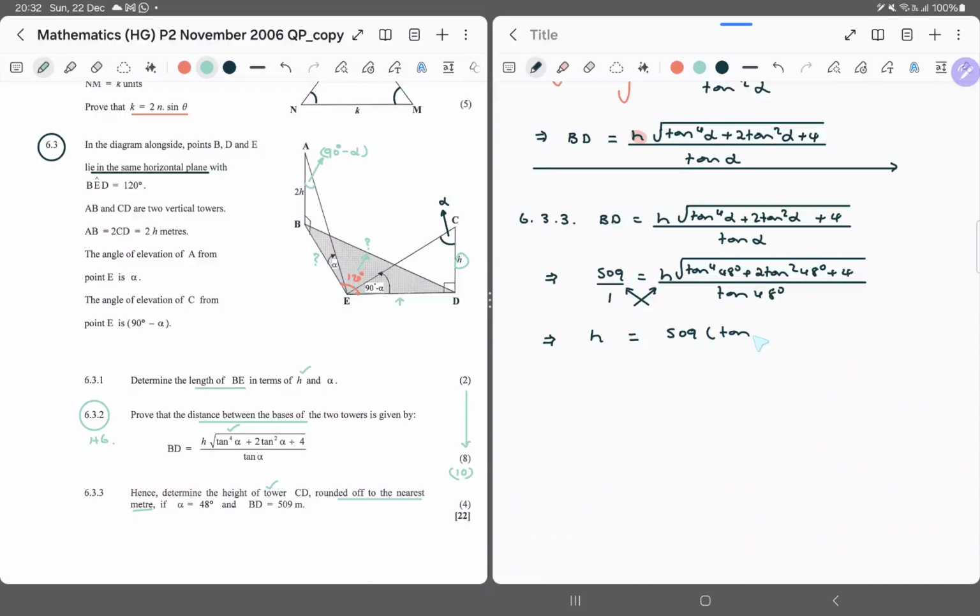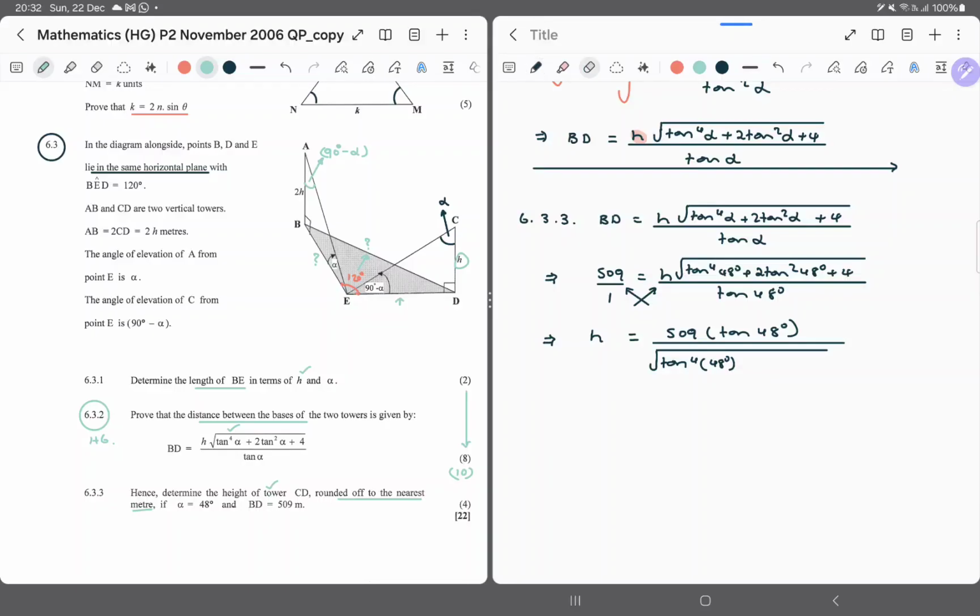We know that h is going to be equal to 509 times 10 to the 48 degrees divided by that square root. So this is 10 to the 4 of 48 degrees.